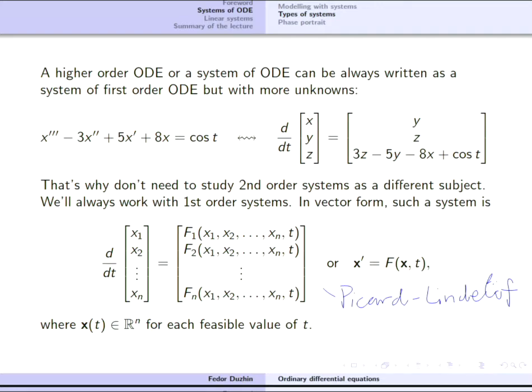The whole proof, without much of a change, is going to work even if we change the scalar unknown to a vector unknown. Which means that we can change an individual differential equation to a system of differential equations, and the Picard-Lindelöf theorem in this form still applies.